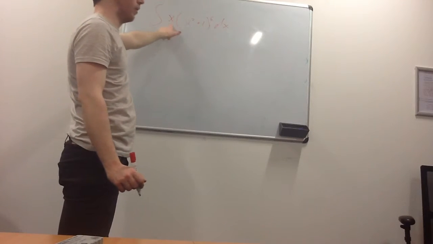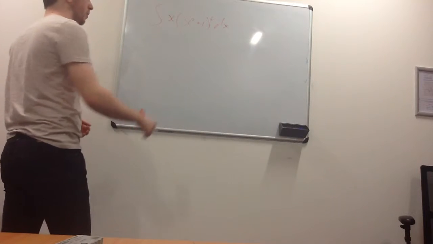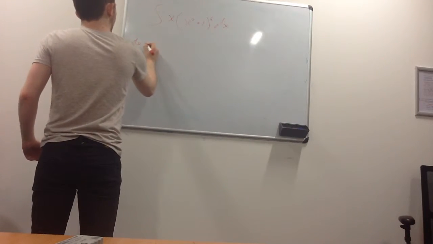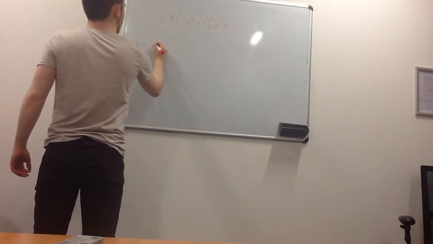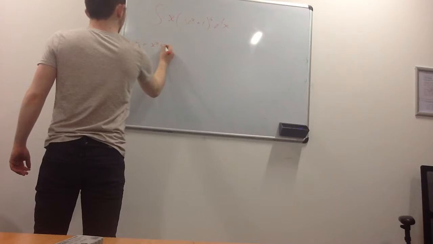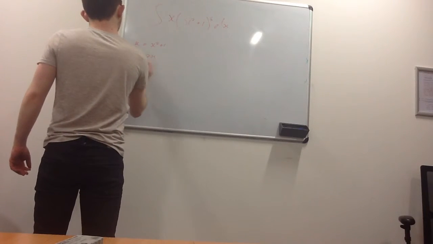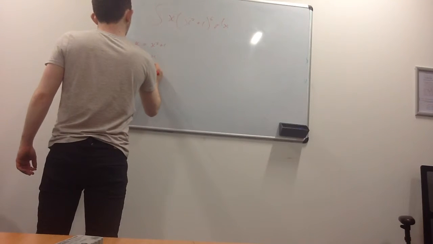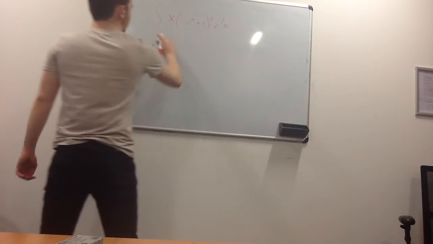It's a lot easier to get rid of the inside. So when you're looking for stuff to get rid of, bear that in mind. So if I make u equal to x squared plus 1, my du by dx equals 2x, and therefore dx would equal du over 2x.